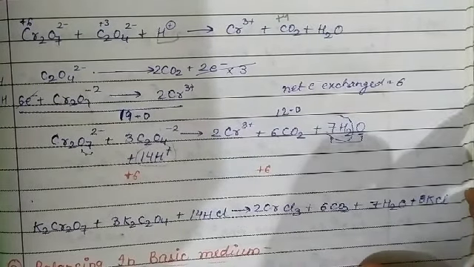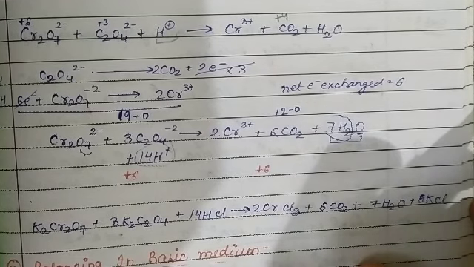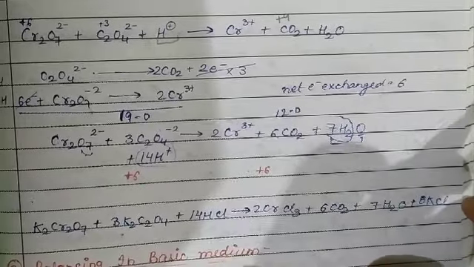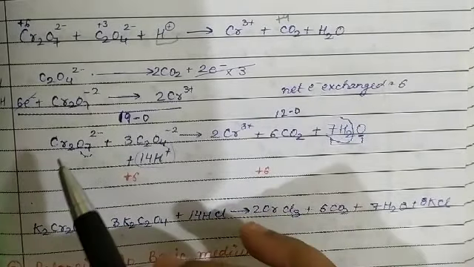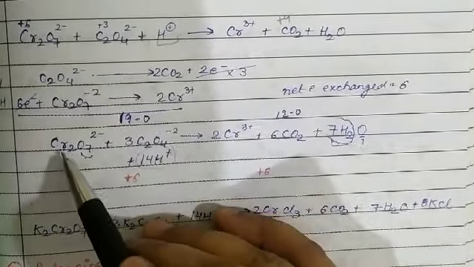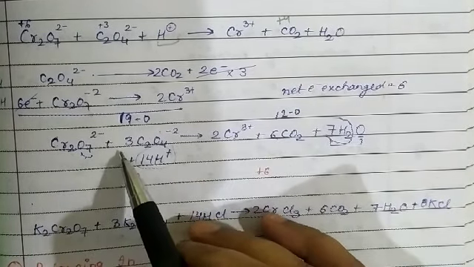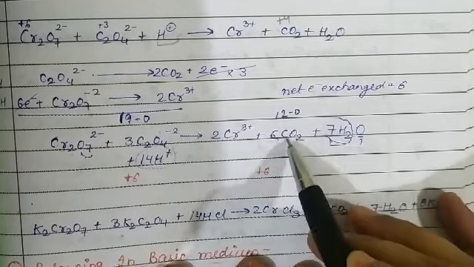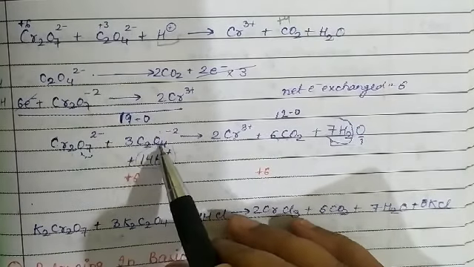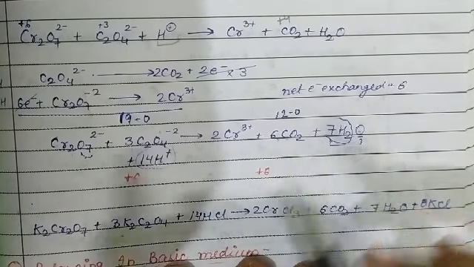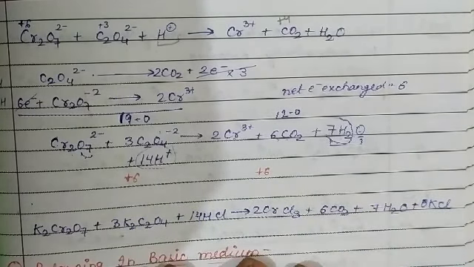We can also check whether the reaction is correctly balanced or not. In this reaction, 2 chromium atoms on the left hand side, 2 chromium atoms on the right hand side. 3 times 2 is 6 carbon atoms, 6 carbon atoms. 3 times 4 is 12, 12 plus 7 is 19; 6 times 2 is 12, plus 7 is 19 oxygen atoms. 14 H, 14 H, all atoms are balanced.